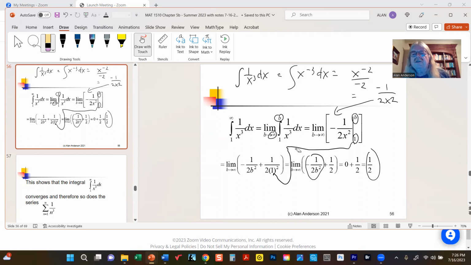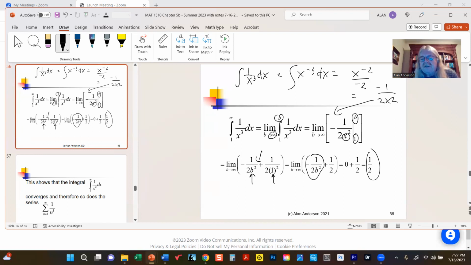Let me just move these so you can see what I'm doing. So in other words, the first term will be negative 1 over 2b squared. The second term, we're subtracting a negative number, so it becomes positive. And then we'll have 1 over 2 times 1 squared. So we have negative 1 over 2b squared plus a half.